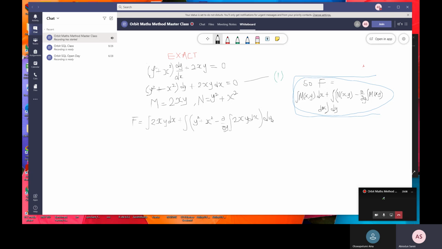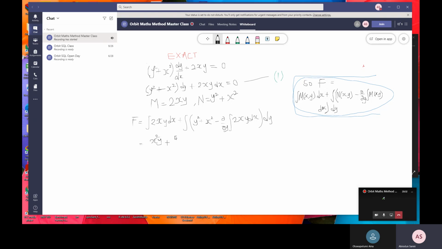So this is now equal to, if I integrate this with respect to x, I will have x squared y over 2, rather. But x squared y over 2 will cancel this 2, so that is fine.